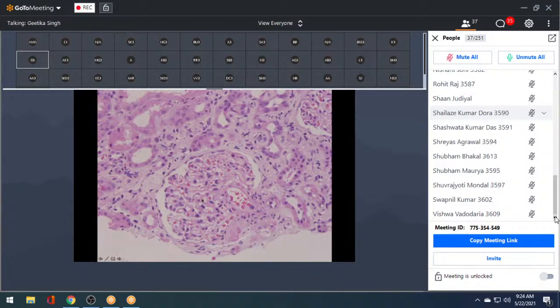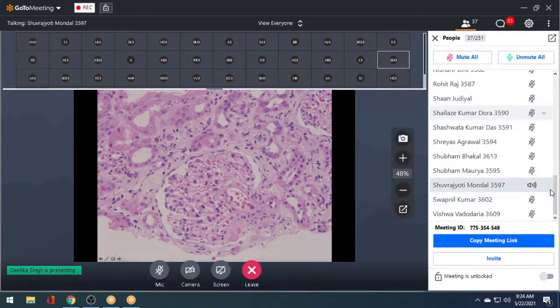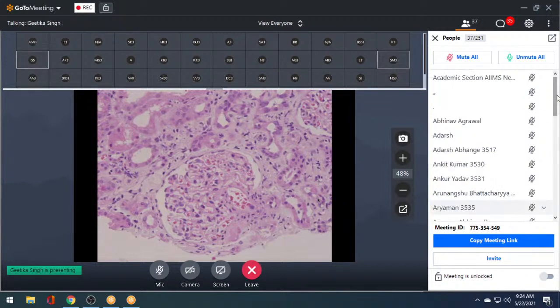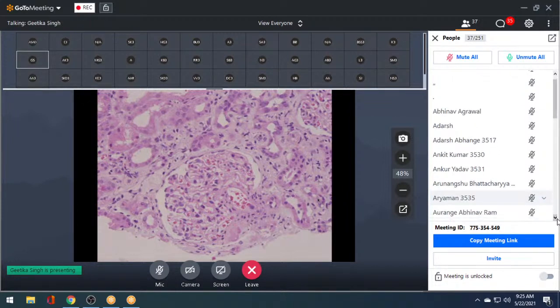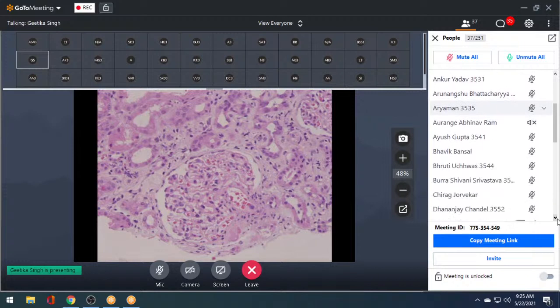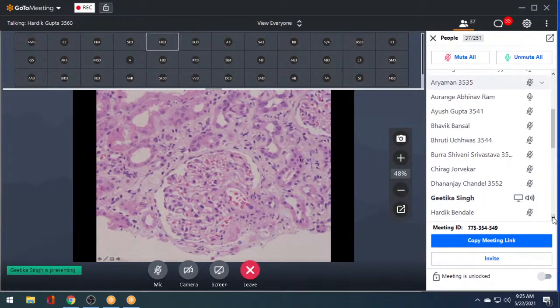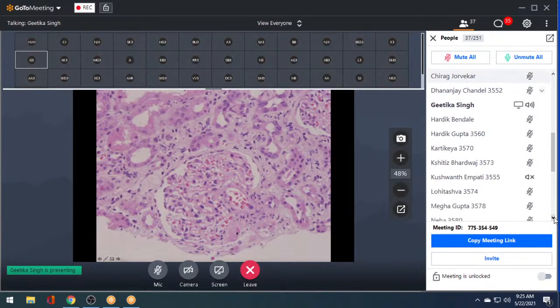Anybody wants to unmute? Do we have any PGs? Fibrin caps. Yes, very good. And capsular drops. So you need to know KW, you need to know fibrin caps and capsular drops.